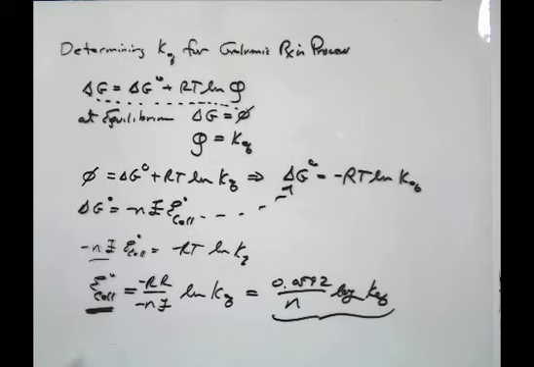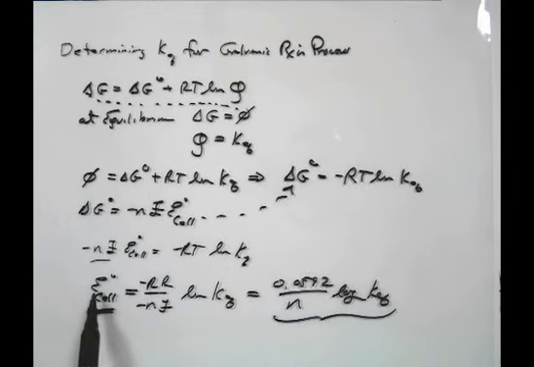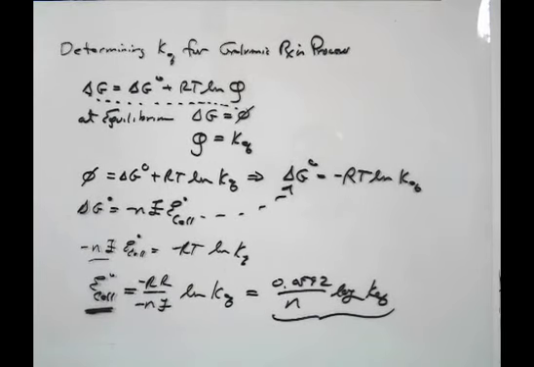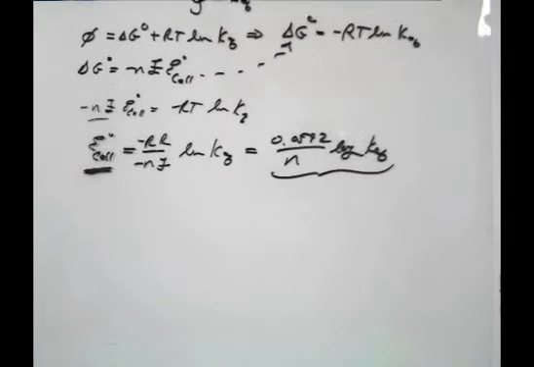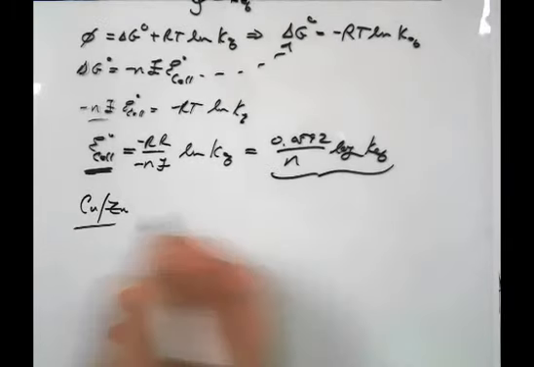Simply enough, all you have to deal with is, well, you've got to get your potential right here, your voltage of your cell combination from your oxidation reduction, look at N, and then calculate KEQ. We'll do that for the copper zinc battery.